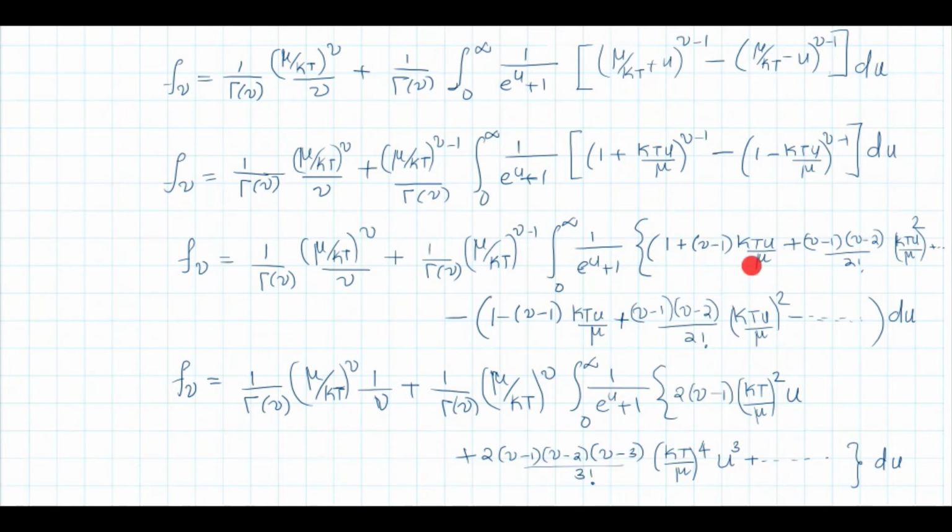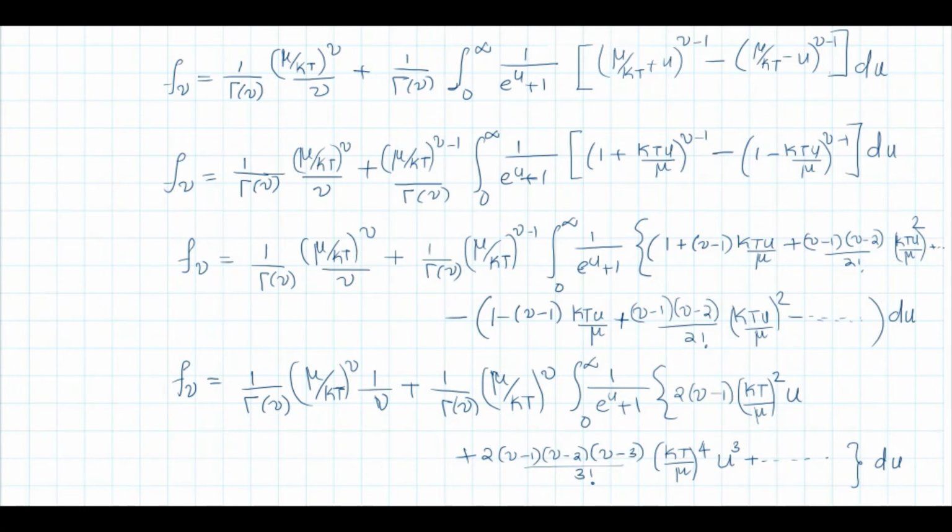But there is a difference. In the second term, this is actually kT/μ into u. Here I write it as (kT/μ)² into u. Why? Because outside the bracket we have (μ/kT) raised to ν−1. I made it (μ/kT) raised to ν by multiplying by a μ/kT, so I have to divide by a μ/kT also.